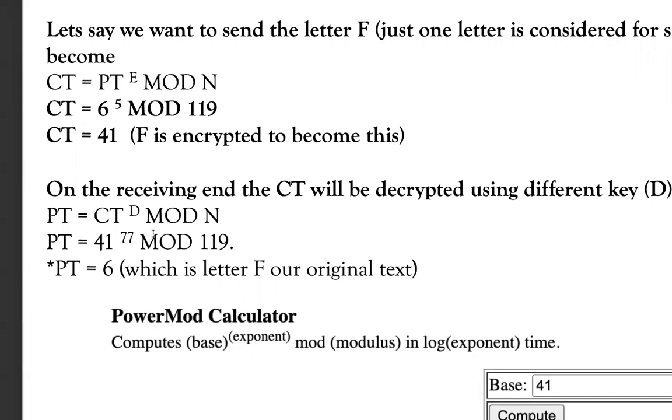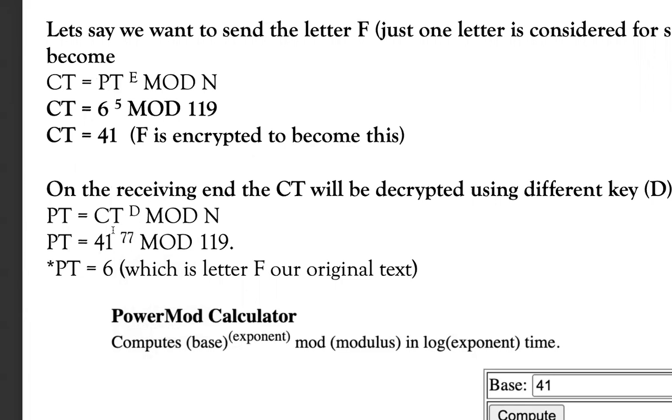When I do that, my answer should be 6, which is actually my original text, F, right? So this way you can see when the ciphertext is input and the formula and values are applied, I am ending up with my original value, which is 6 in this case for F.